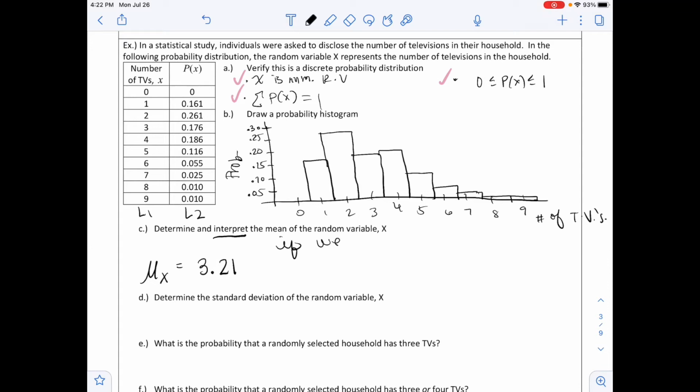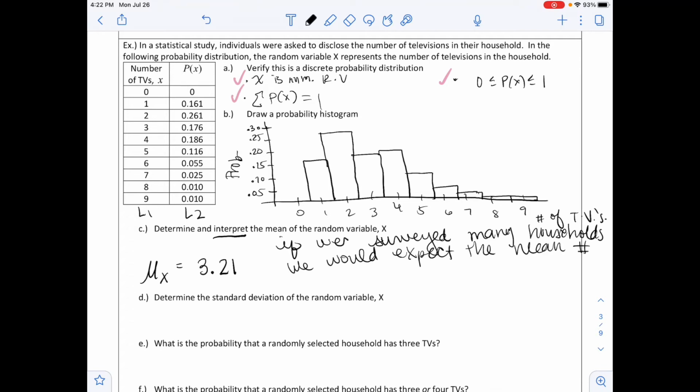Interpreting this, we would say if we surveyed many households, we would expect the mean number of TVs per household to be 3.21.